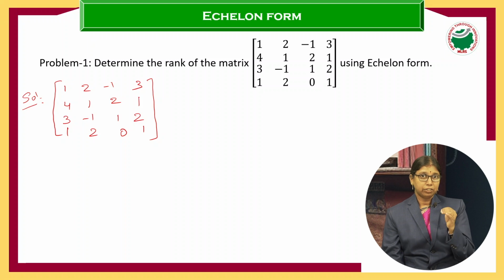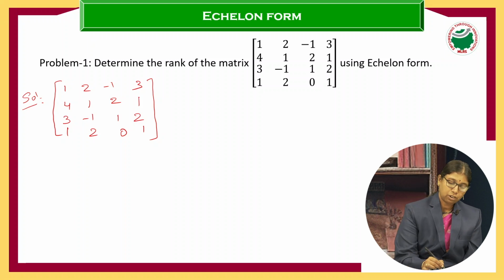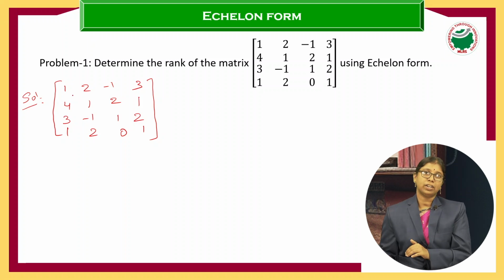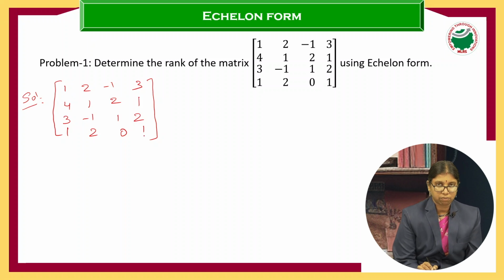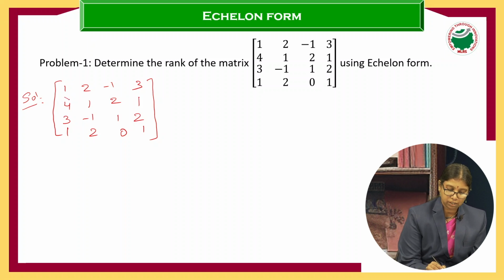Here you have to convert the matrix to upper triangular form, meaning you have to convert all the lower diagonal values to 0. Diagonal values are 1, 1, 1, 1. So the below-diagonal values are the ones you have to convert to 0.